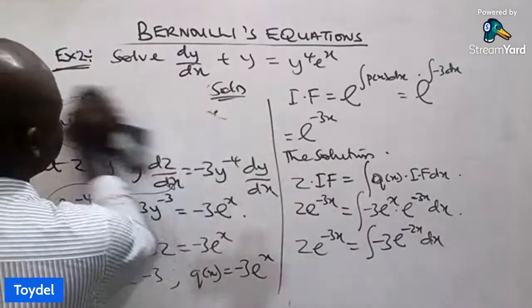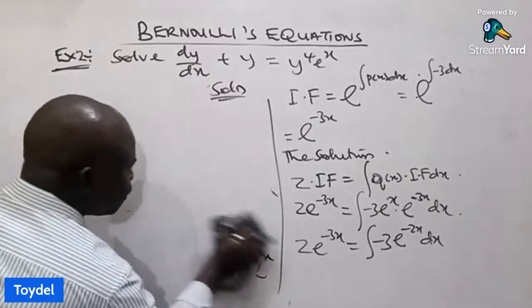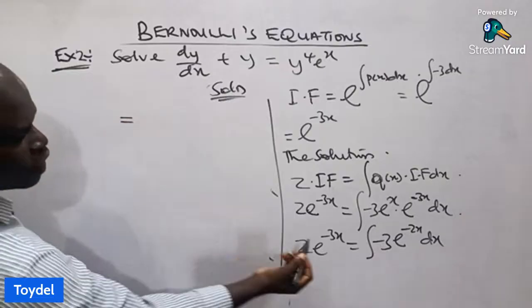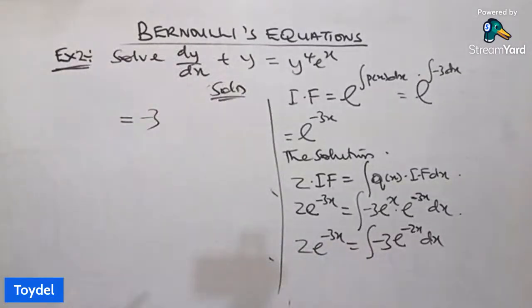Then from there, we know what to do. We can bring out minus 3. When we integrate exponential minus 2x dx, that will be exponential minus 2x over minus 2.